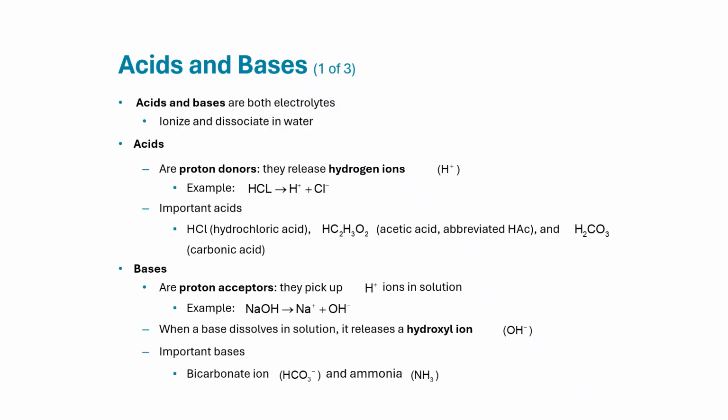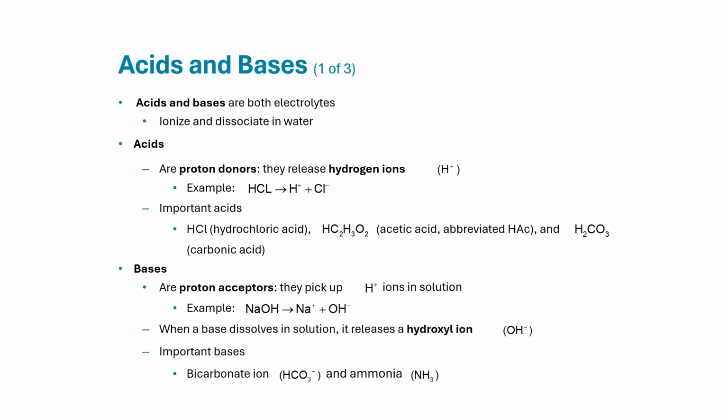So let's talk about acids and bases. These are both electrolytes. They ionize and dissociate in water. Acids are considered proton donors, meaning they release hydrogen ions. So an example of that would be hydrochloric acid, HCl. It's going to yield a hydrogen ion and a chlorine ion.